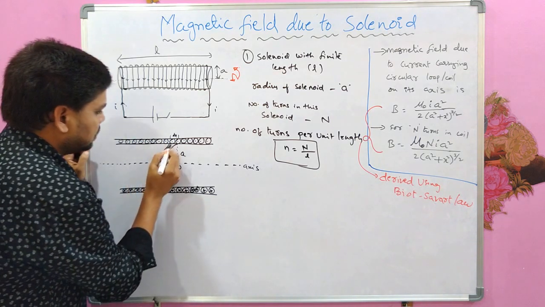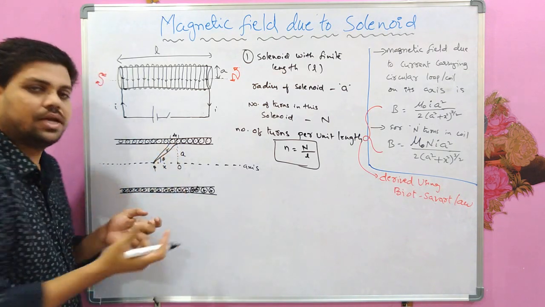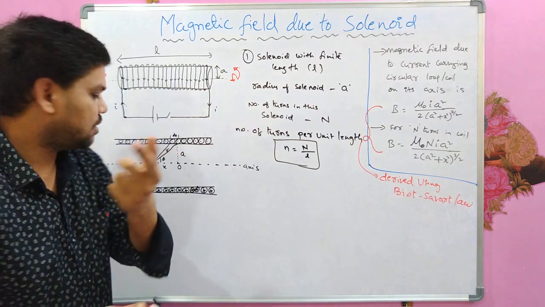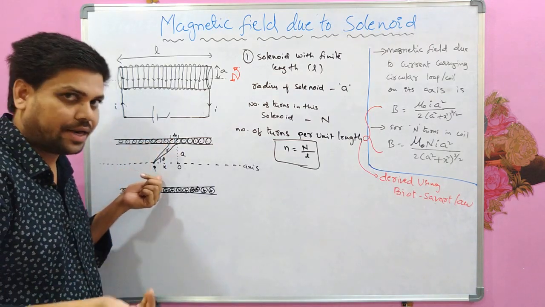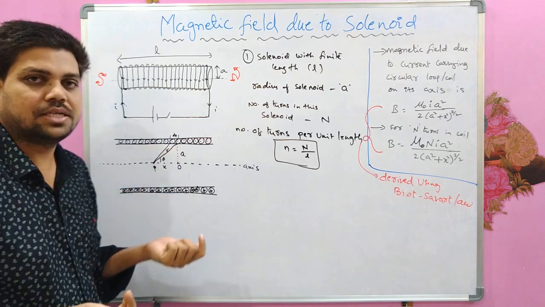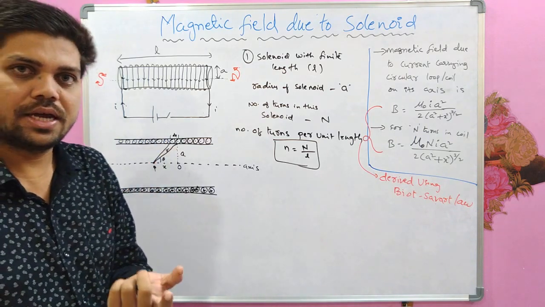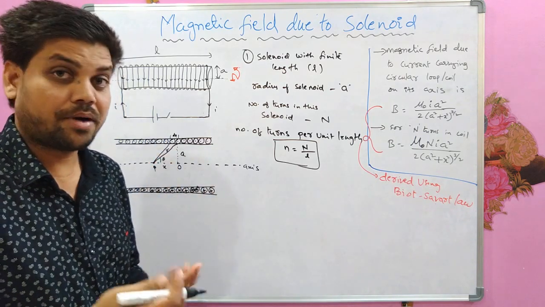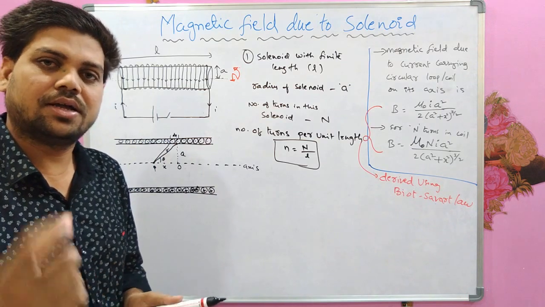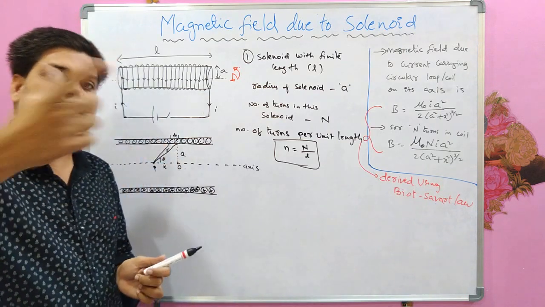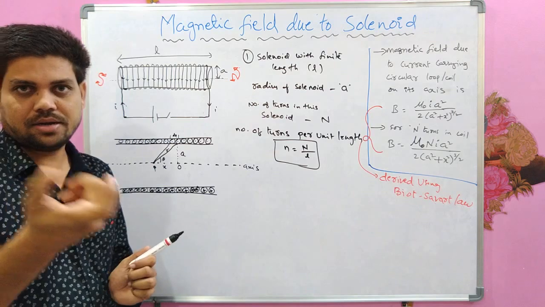Okay, so this distance is usually from the current element or length element to the point where we are finding the magnetic field. The distance we usually take as small r from the Biot-Savart law. Small r is the distance between the point and the length element or current element.